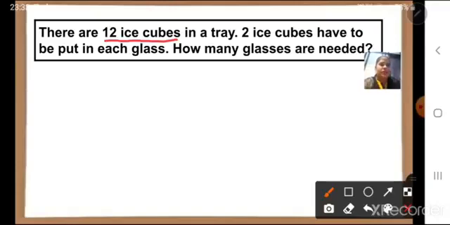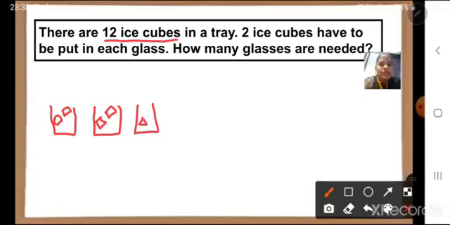Let us see. This is my glass and I am going to put here 2 ice cubes. I will keep on putting the ice cubes till all the 12 ice cubes are over. Let us do it. In one more glass, 2 more ice cubes. So 1, 2, 3, 4.